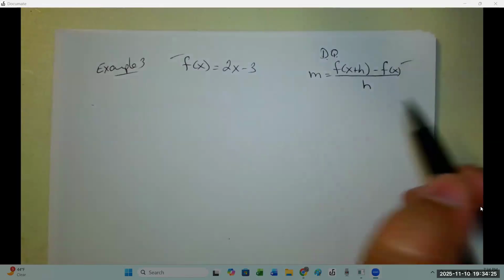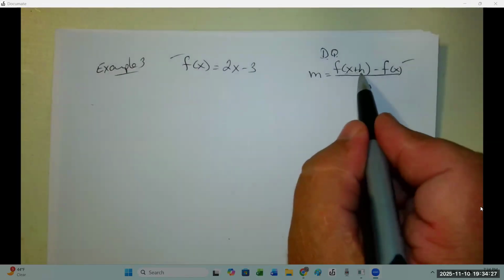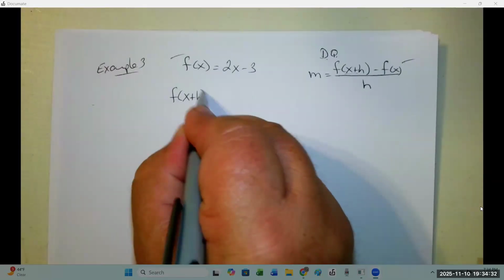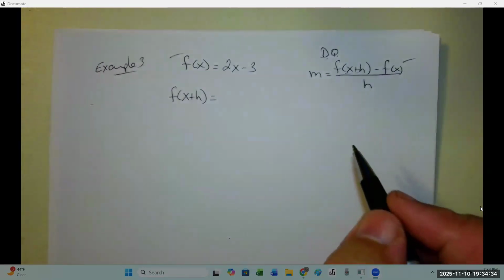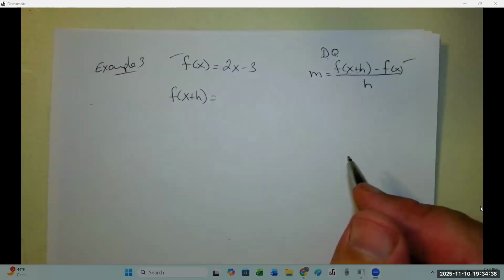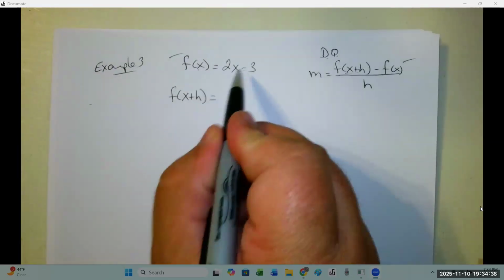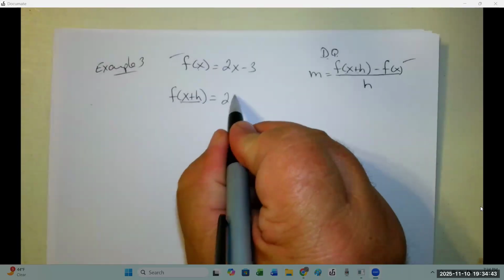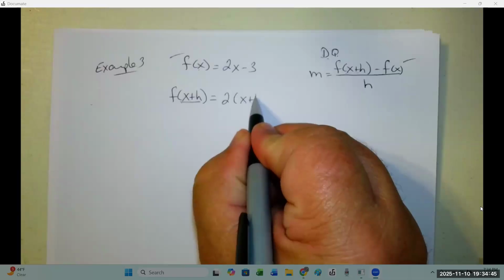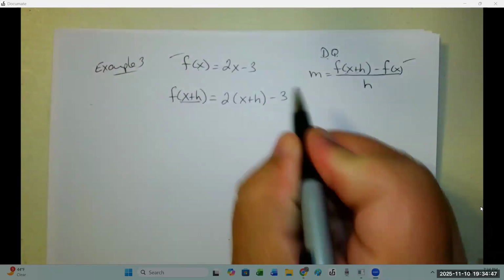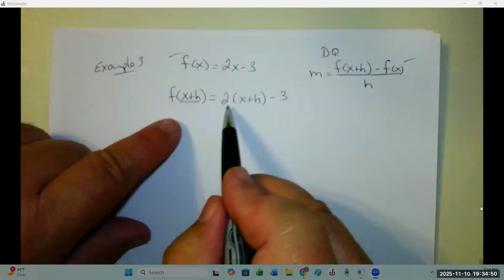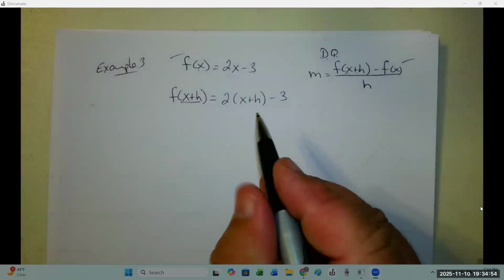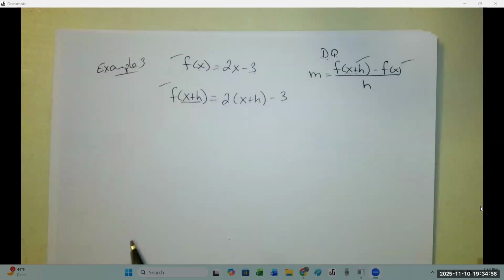That's check. We don't have f of x plus h, so we have to create it. If that's f of x, anywhere you see an x, we put an x plus h. So instead of 2x minus 3, it's now 2 times x plus h minus 3. Now we have both of the values we need.